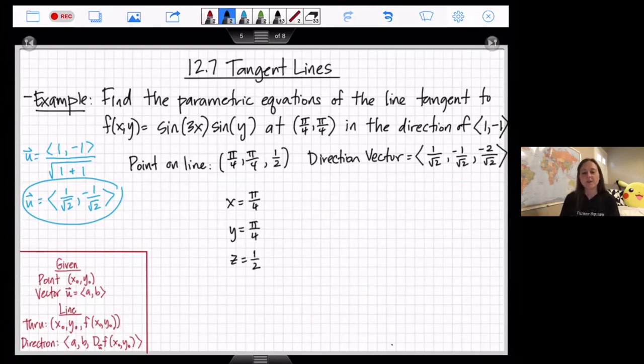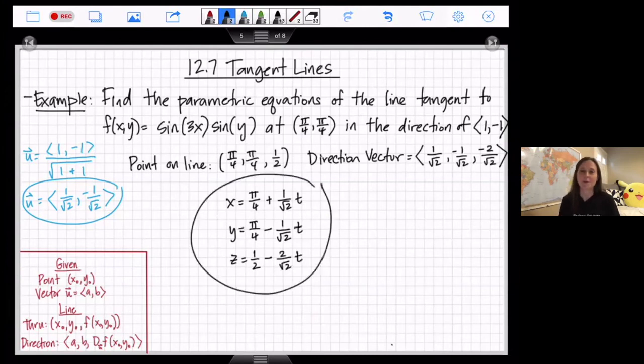And then the direction vector becomes the coefficients on the t's. So we're going to have plus the x component, 1/√2 of our direction vector times t. Then we're going to have plus a negative, so minus 1/√2 times t. And our z component of the direction vector was -2/√2 t. And those are our parametric equations.